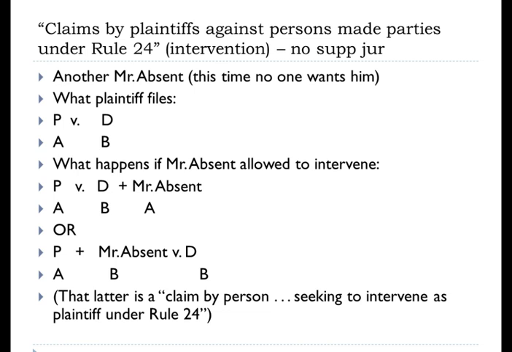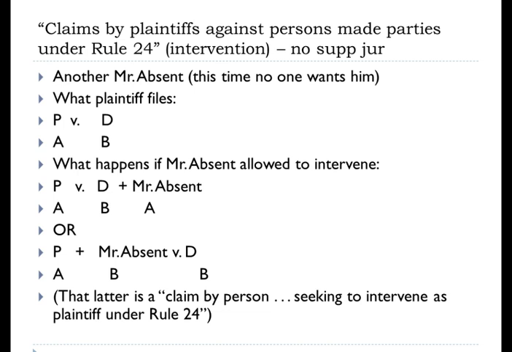On the diagram, that would be State A. Or Mr. Absent might be allowed to intervene as a plaintiff, and let's say that in that case, Mr. Absent would be a citizen of the same state as the defendant. In either case, the joinder of Mr. Absent, the allowing of Mr. Absent to intervene, would destroy complete diversity.